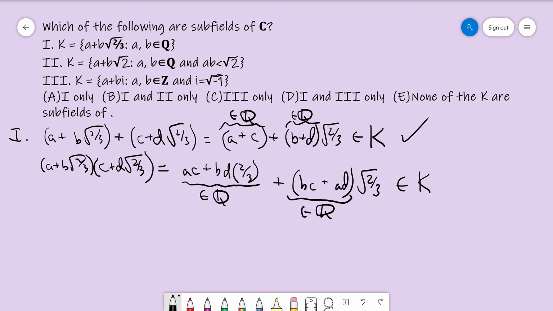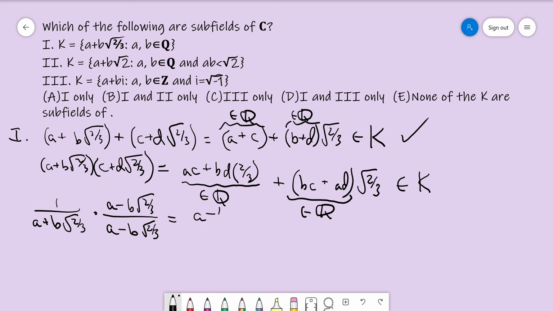Finally, we have to check that each element has an inverse, so let's take 1 over a plus b root 2/3. So remember, to find the inverse, you multiply by 1 in the form of a minus b root 2/3 all over a minus b root 2/3. We do this in order to get rid of the root in the denominator.